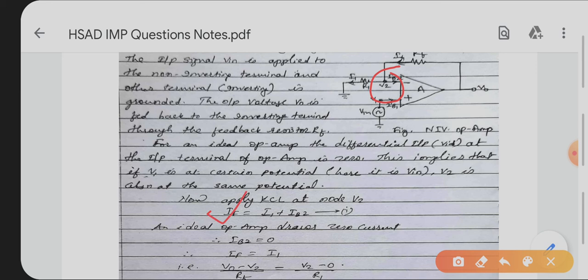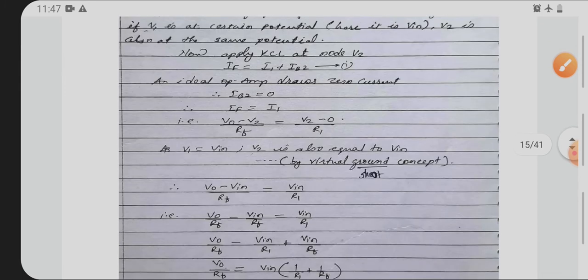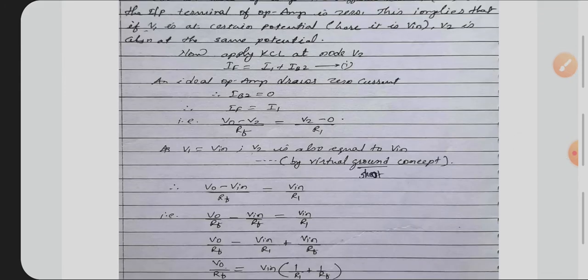What about IB2 again? As we know that input impedance is infinite, IB1 is equal to IB2 is equal to 0. Therefore IF becomes equal to I1. We will convert this IF and I1 into voltage form. So see the circuit diagram. Where is IF? IF is the current flowing through RF. Now the current direction is from VO to V2, right?